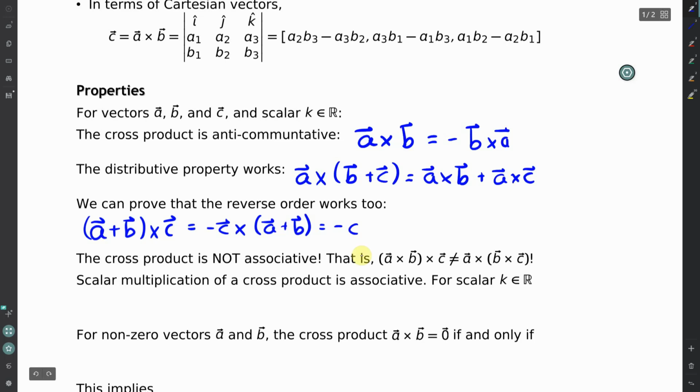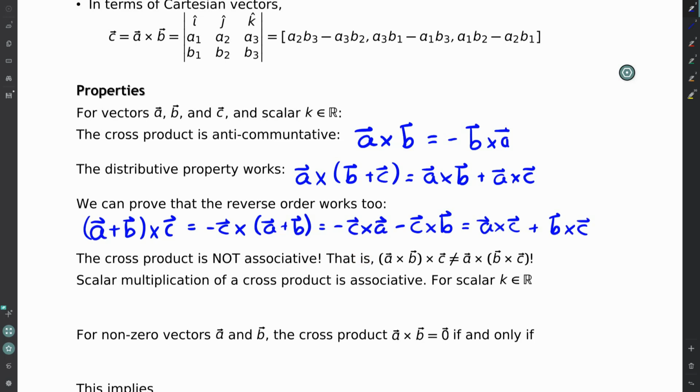So this is going to be negative C cross A minus C cross B, and this is equal to A cross C, again taking advantage of the anti-commutative property, plus B cross C. So that expands the way we expect it to.